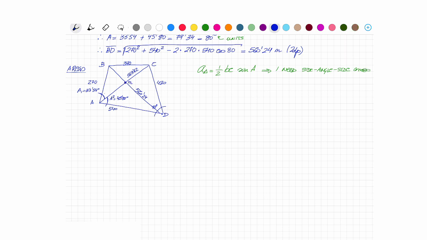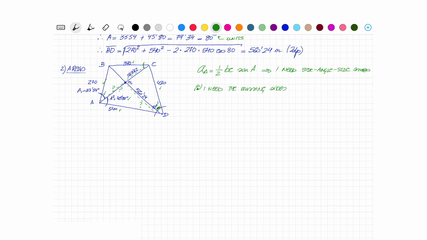So I'm going to call this point M. In ABM, I have this side, this angle, but not this side, the length between A and M. In AMD, I have the angle, one side, but again, not the other. In BMC, I only have one side, and in CMD, the same.